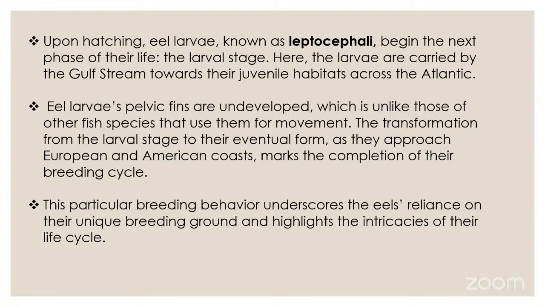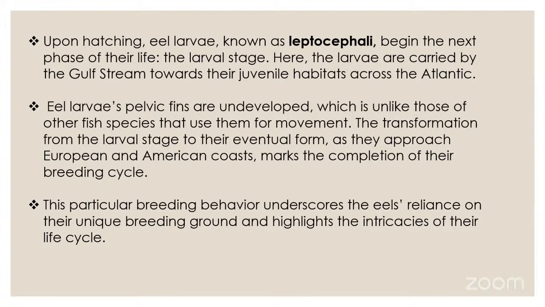The transformation from the larval stage to their eventual form as they approach European and American coasts marks the completion of their breeding cycle. This particular breeding behavior underscores the eel's reliance on their unique breeding ground and highlights the intricacies of their life cycle.